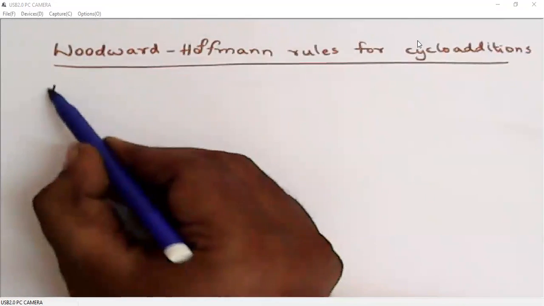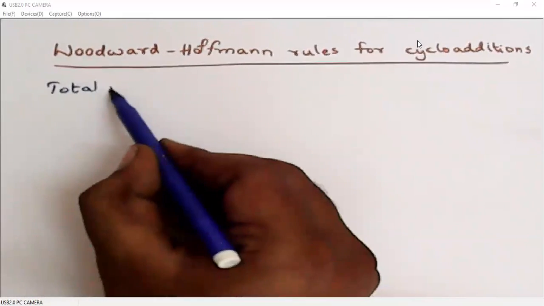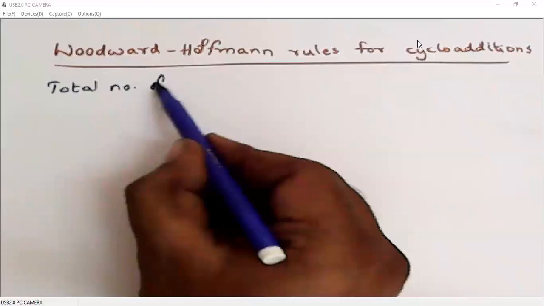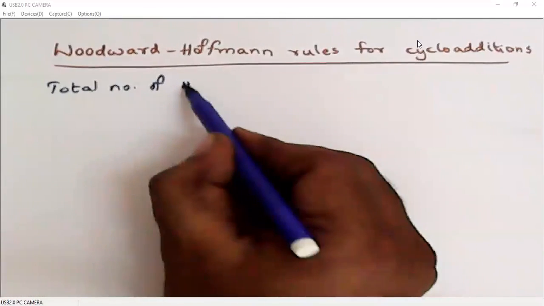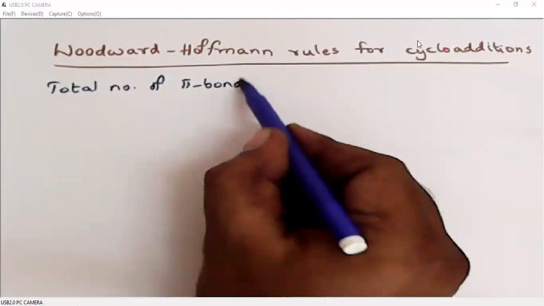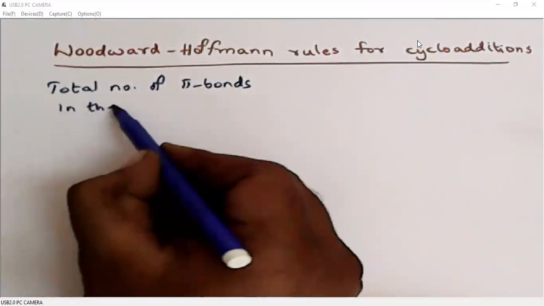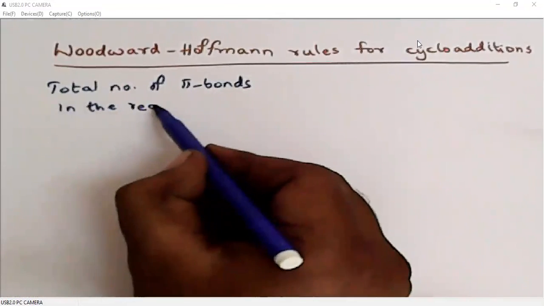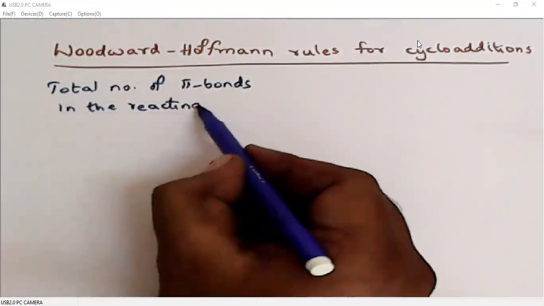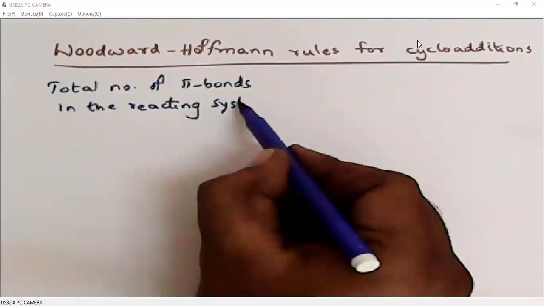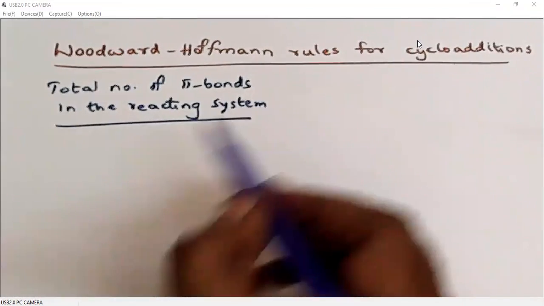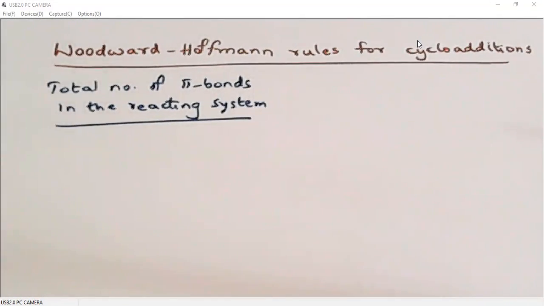First one: the total number of pi bonds in the reacting system. This is one heading.